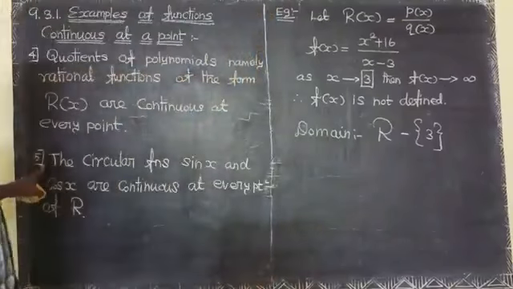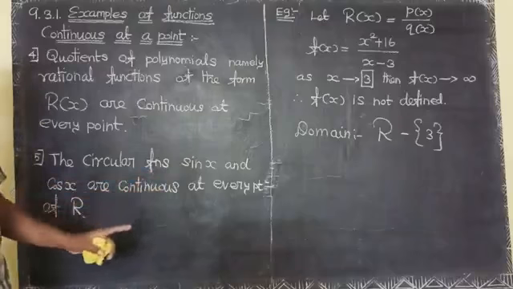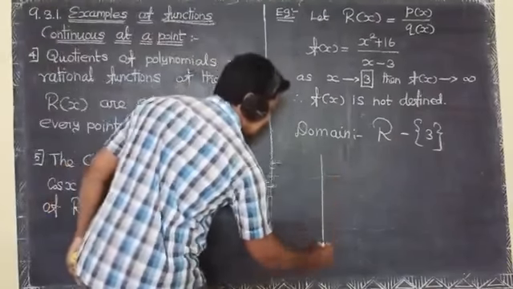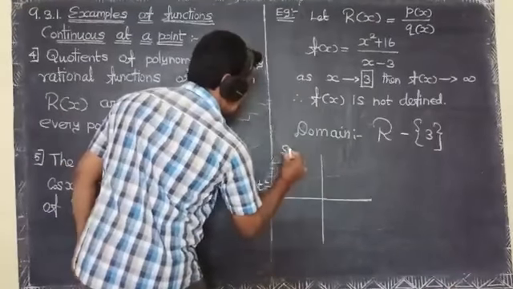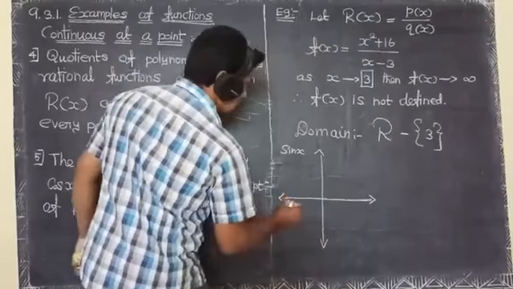Next, point number 5, the circular functions sin x and cos x are continuous at every point of capital R. This is the sin x curve, and this is cos x.